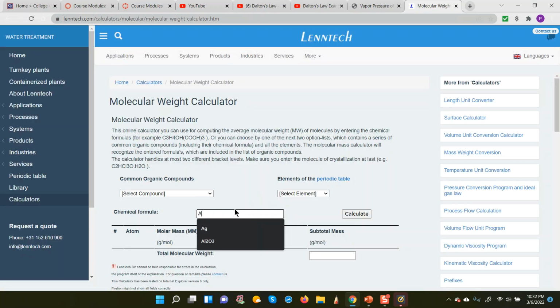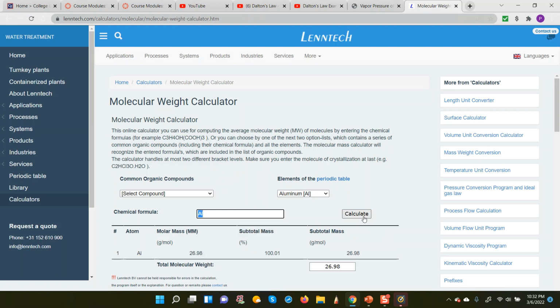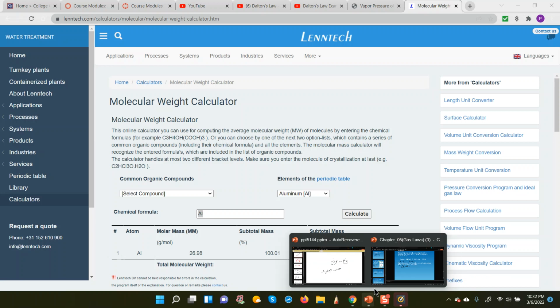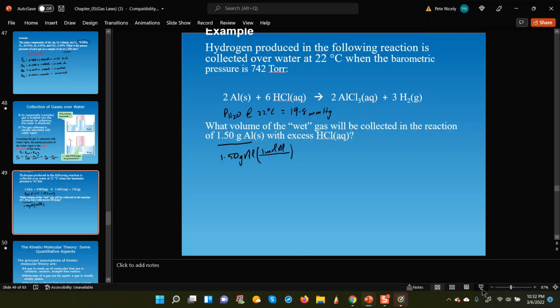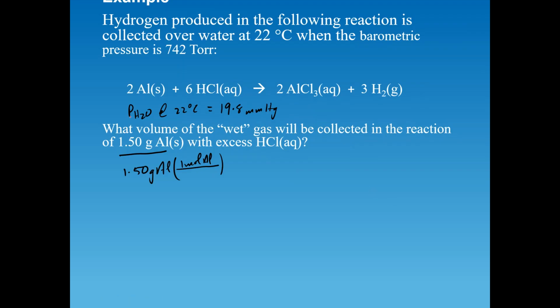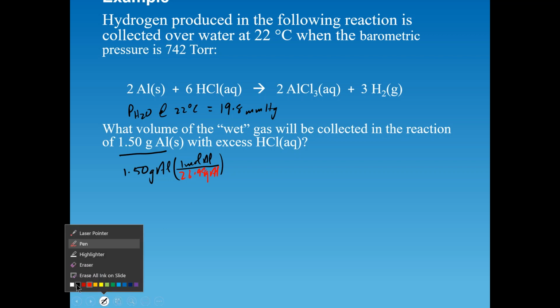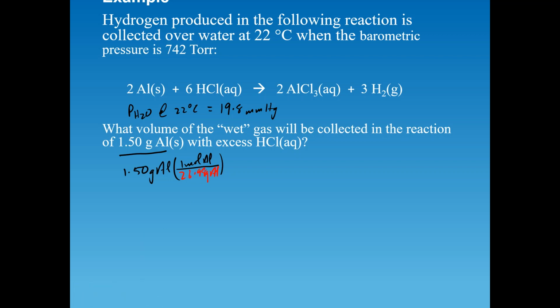So aluminum molar mass is 26.98 grams per mole. So let me go back here. So down here, I'm going to put 26.98 grams of aluminum. Go back to my black ink. And then, of course, grams of aluminum will cancel out here and here.